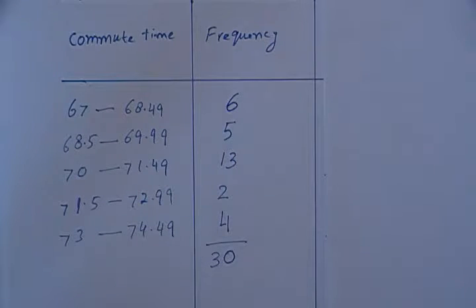Now, once we have this frequency distribution table, we make a histogram. This is how we do it. Let me keep this here and start with this graph paper.